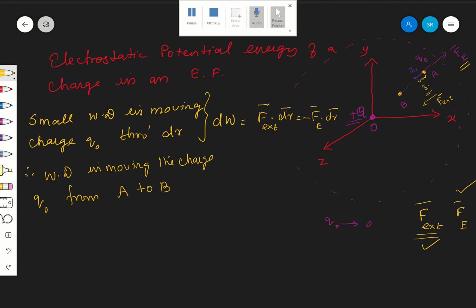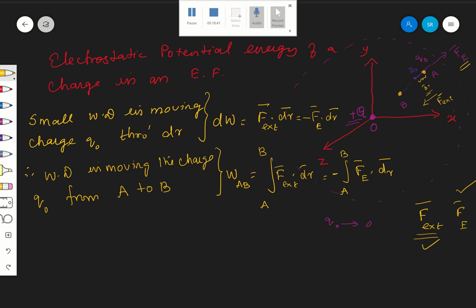That is nothing but work done, WAB, and that is equal to integral A to B F external dot dr, and that is nothing but integral A to B minus Fe dot dr. Are you following?